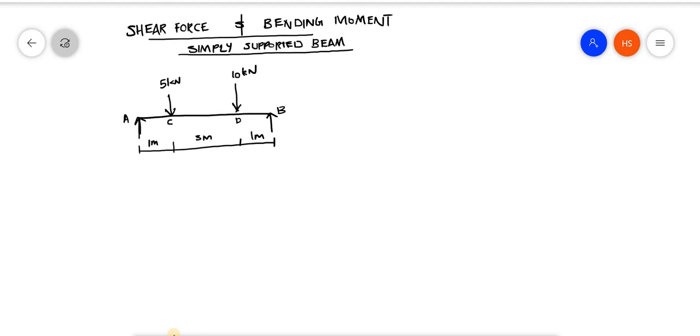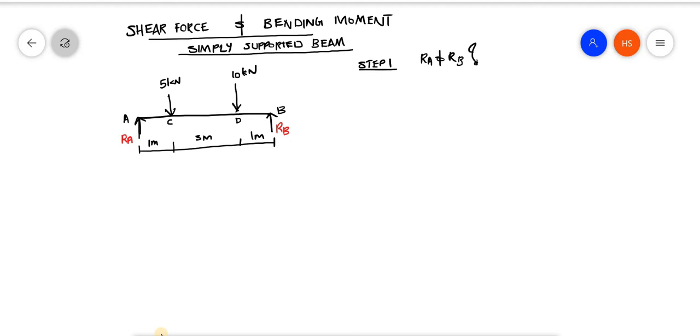Due to these forces there will be reactions at the supports. Therefore there are two reactions, which I am marking as RA and RB. So step 1 is to find the reactions, RA and RB.